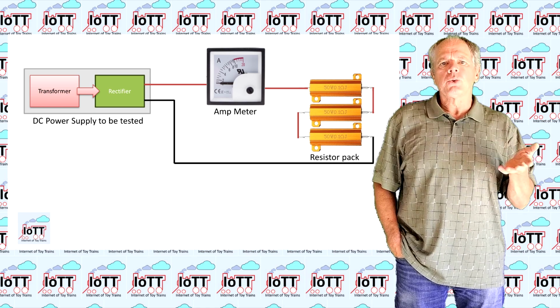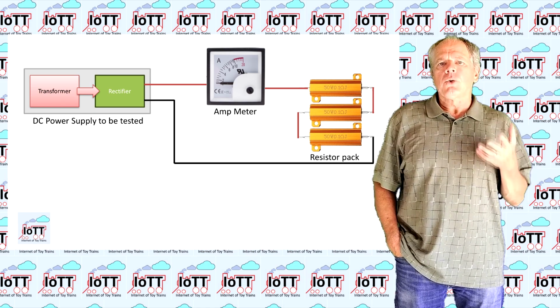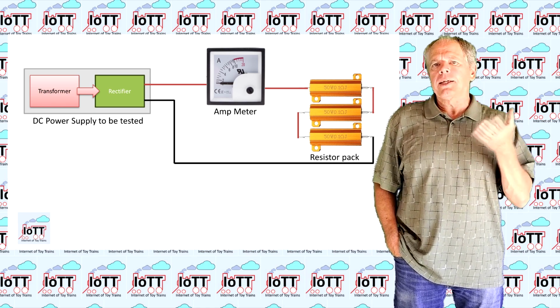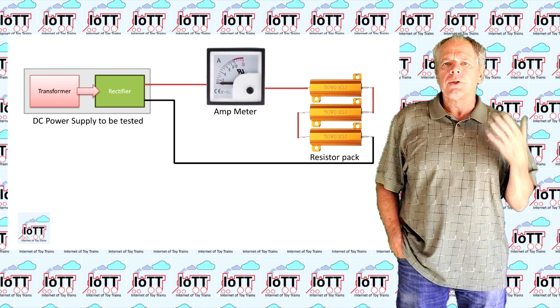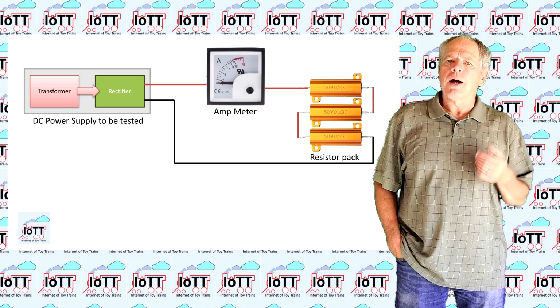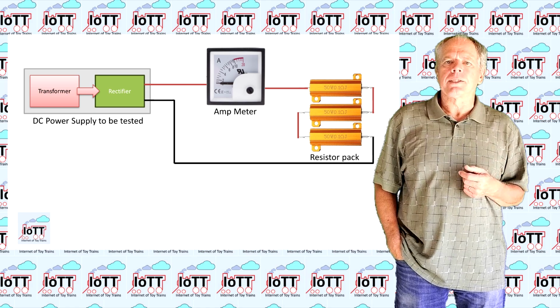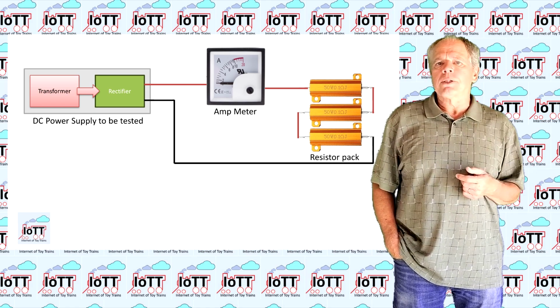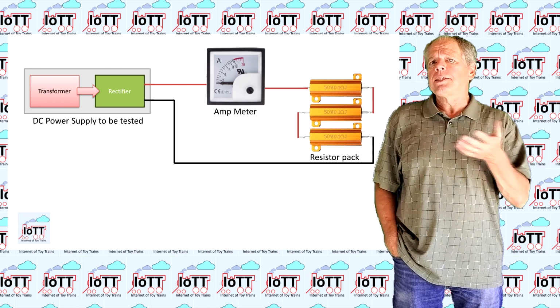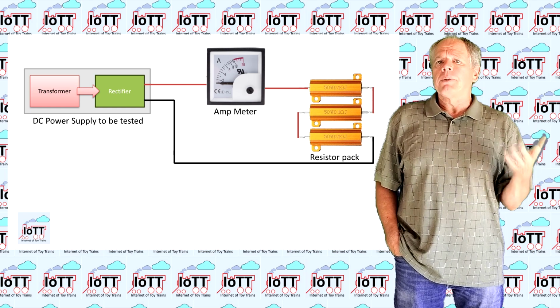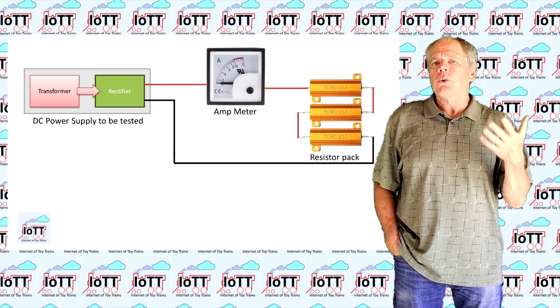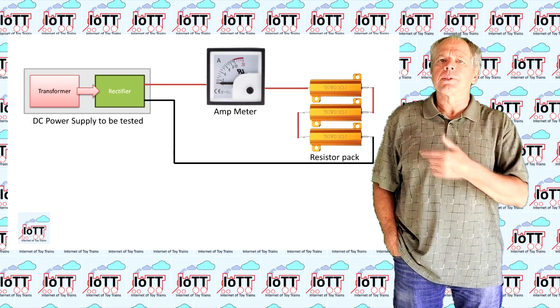I used up to 7 of them in series to achieve a current that is around 90% of the nominal output of each power supply I wanted to test. So for a 5 amp power supply I would select the number of resistors so that the current would be in the area of about 4.5 to 4.8 amps.